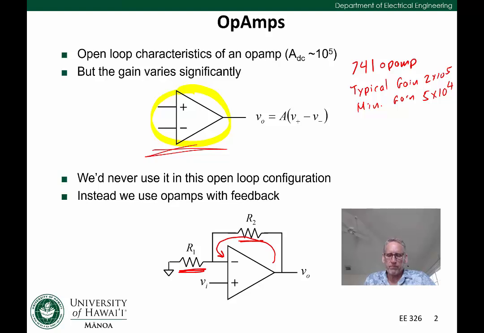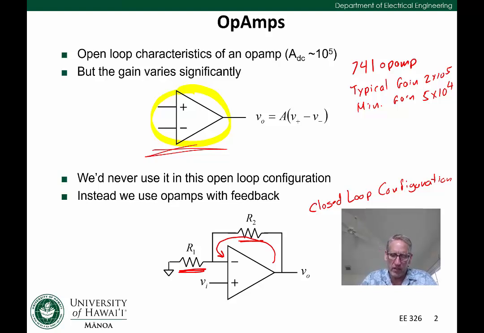But still, this is what we'd call a closed loop configuration. Closed is in the sense that we have feedback that's closed around the amplifier. And this is how most gain and most amplification is done on chip and in electronics.